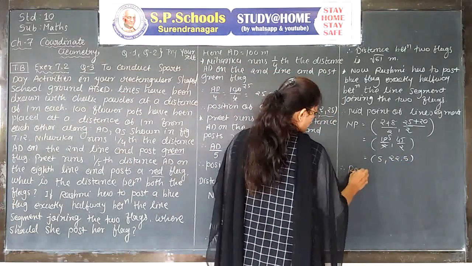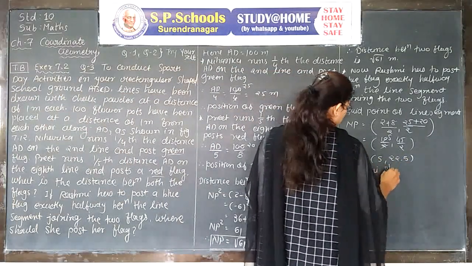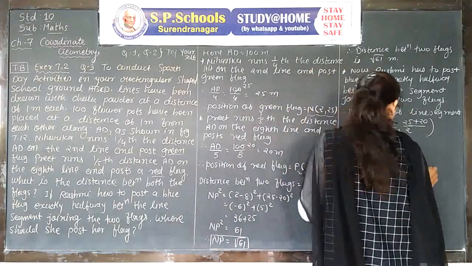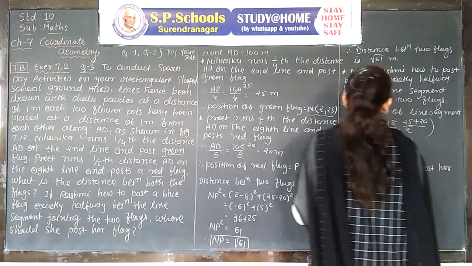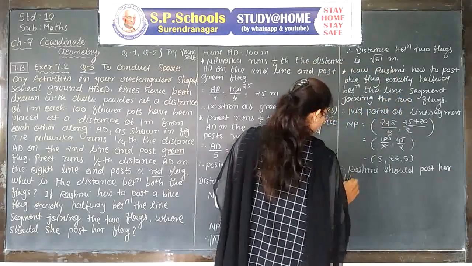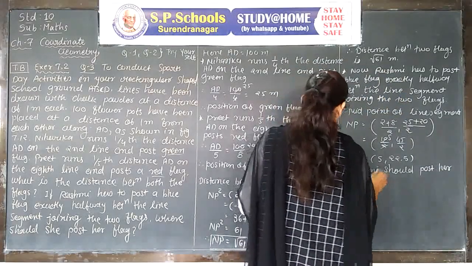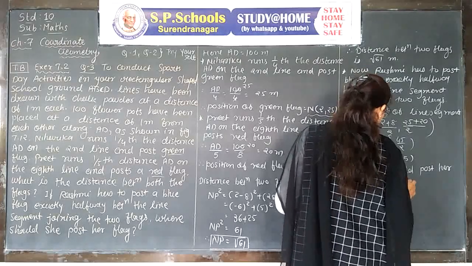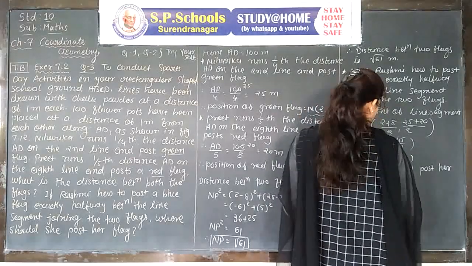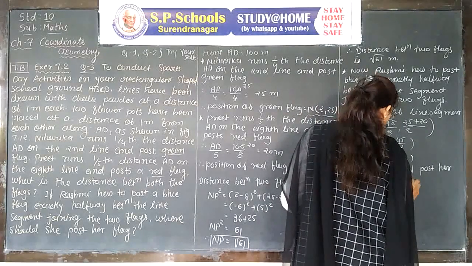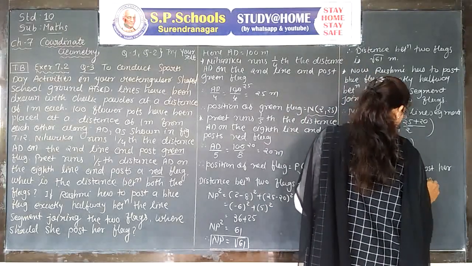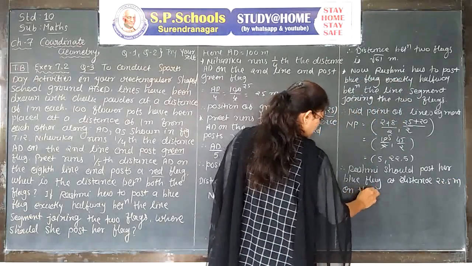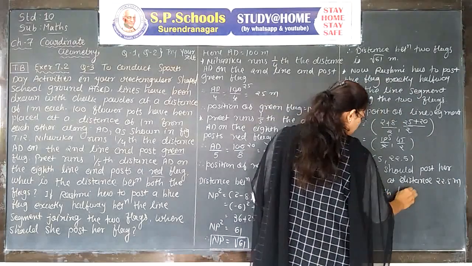Therefore, Rashmi should post her blue flag at distance 22.5 meter on the 5th line.